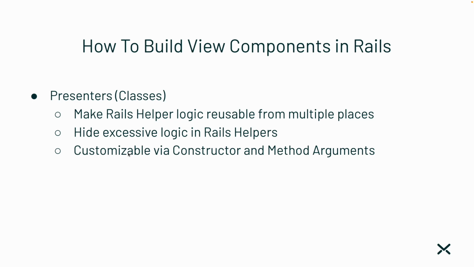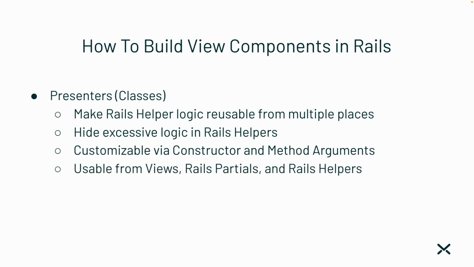So you can give it extra options. Like I can tell the one-line summary to, for example, exclude the name of the person and just give me the pure address without the name of the person, or stuff like that. And presenters are usable either directly from views, or from Rails partials, or from Rails helpers. So you can use it from anywhere.